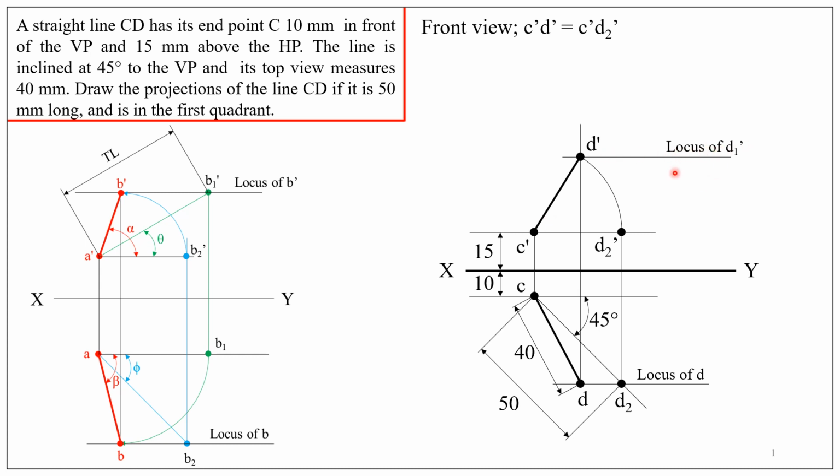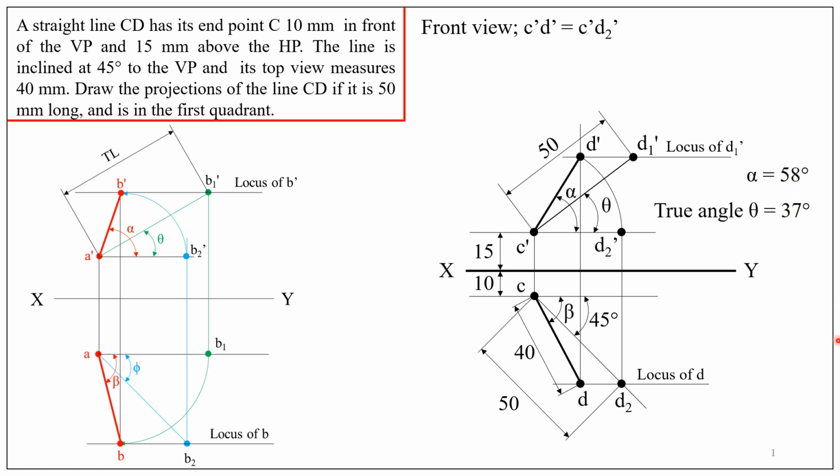Therefore, take 50 millimeters in compass, join them, and that point is D1 dash. So C dash D1 dash represents the true length, which is equal to 50, and that angle is theta. If you measure, it gives 37, and this is alpha, the apparent angle of inclination, which is equal to 58.